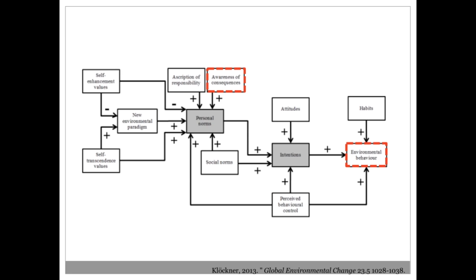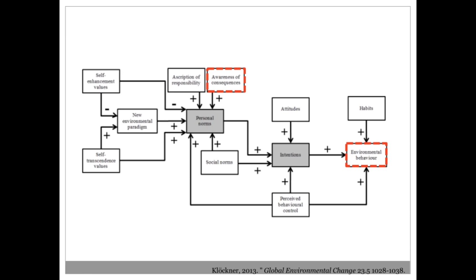What we see here is the awareness of consequences at the top. And over here we see the environmental behavior. So this is a pro-environmental behavior, like having a longer crop rotation, or including buffers as part of your farm, or setting aside land for pollinator or bird conservation.